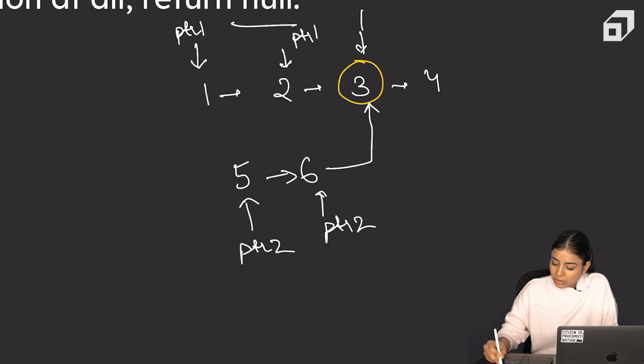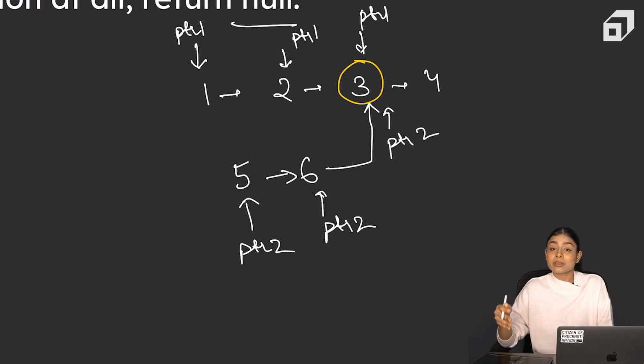But now when I move pointer 1 ahead and pointer 2 ahead, I can see that pointer 1 and pointer 2 are pointing to the same node. Then that means that we have an intersection in our linked list. This way we have found it, but there's a catch here. This solution only works if the length of the linked list is the same, right? So here both of these linked lists have 4 nodes, right?